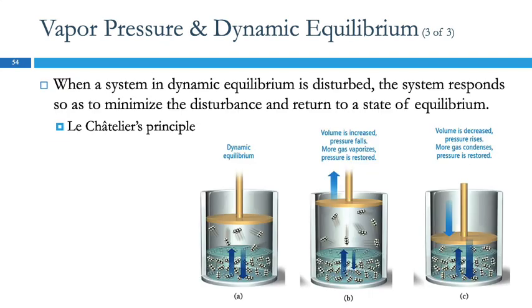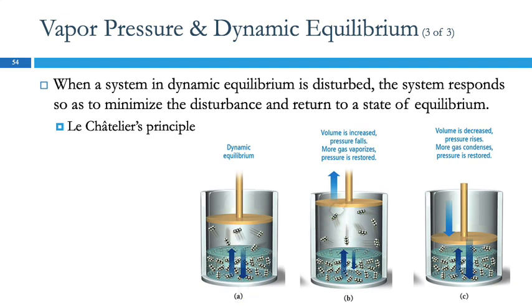When we have a system in dynamic equilibrium that gets disturbed, that system is going to respond in a way to try to minimize the disturbance and return to equilibrium. And so hopefully you remember from Chem 3A, Le Chatelier's principle. So here we have an equilibrium established between liquid and gas. Rate of evaporation and rate of condensation are equal.